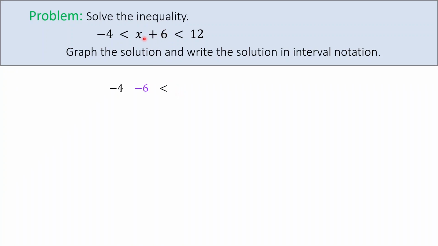If you subtract 6, you get x, less than, subtract 6 here, 12 minus 6. Negative 4 minus 6 is negative 10, less than x, less than 12 minus 6 is 6. So you solved this inequality. This is the solution to this inequality.